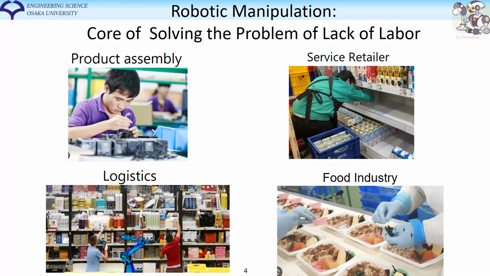And in the food industry, this is the arrangement of a bento box. Human workers work hard to put many foods in the bento box, and this is a very, very hard task. But I think that everything is related to robotic manipulation.